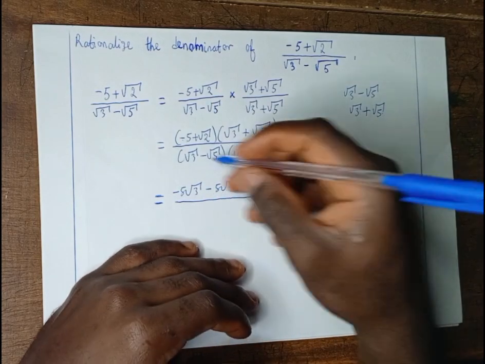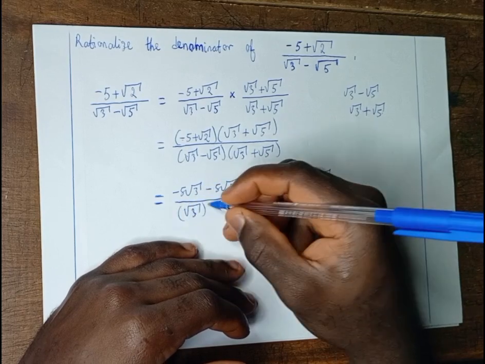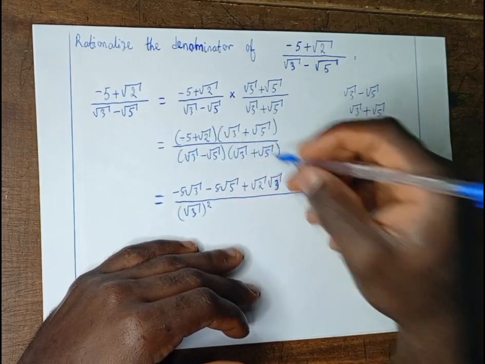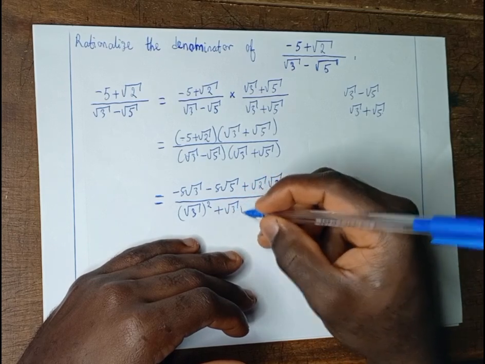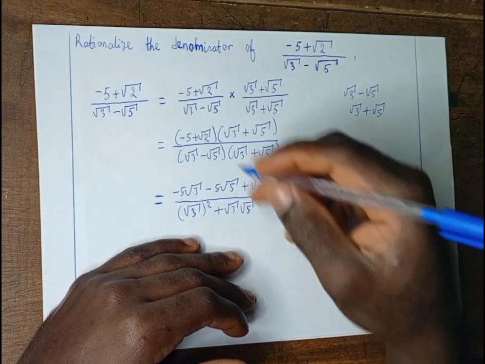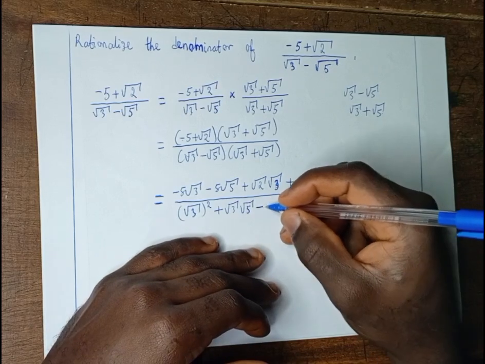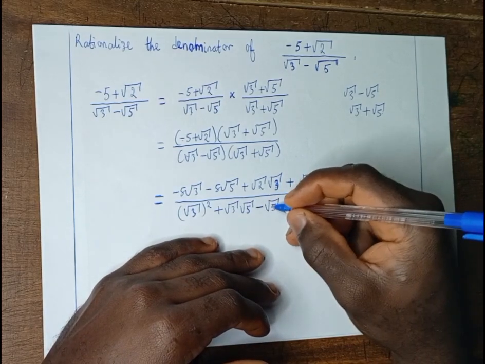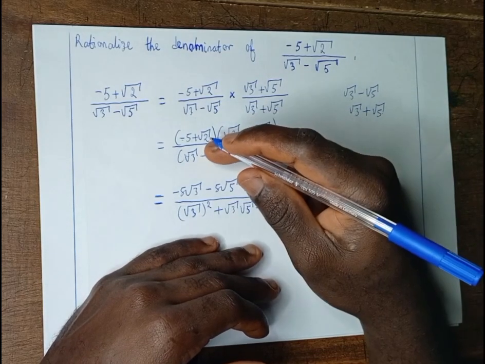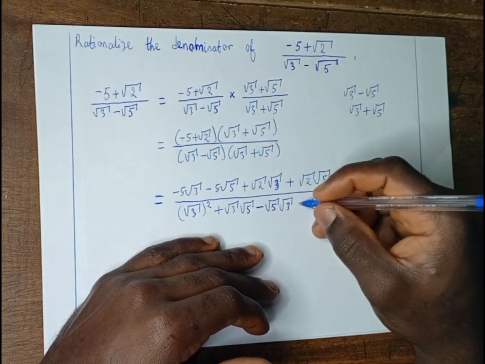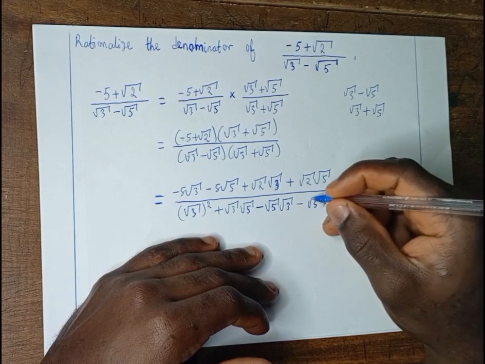Let's just expand the brackets. √3 times √3 will give us √3 squared. √3 times positive √5 will give us plus √3√5. Next, negative √5 times √3 will give us minus √5√3. Negative √5 times √5 will give us minus √5 squared.